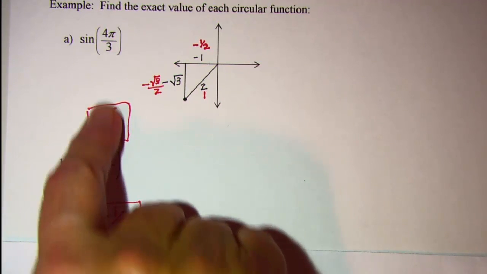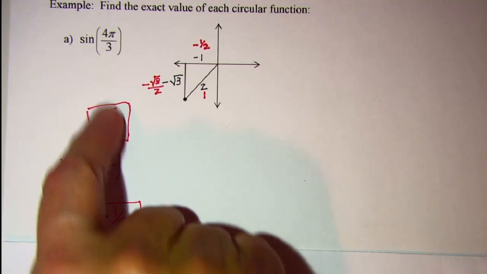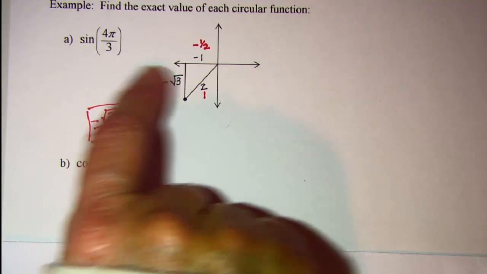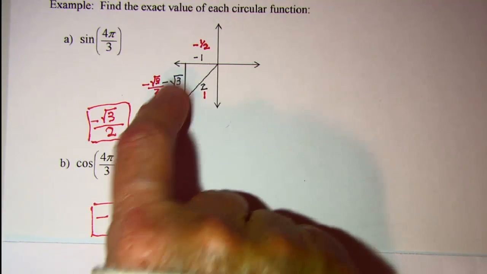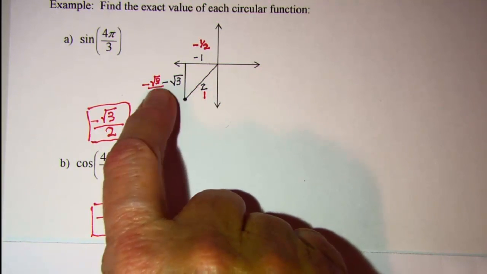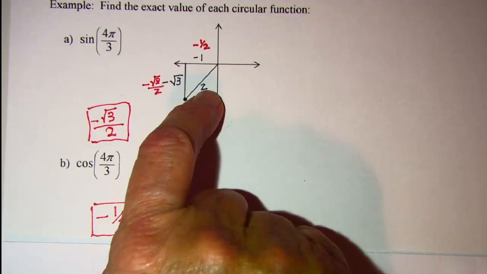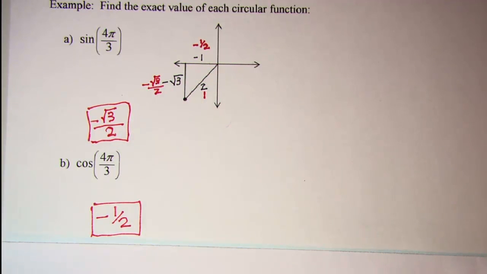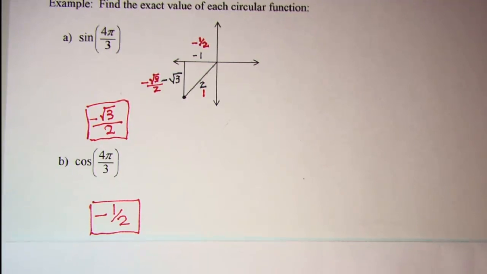For example, up in here, when we notice that 4 pi over 3 is a 60-degree reference angle, and we put these black measurements in, then sine is opposite over hypotenuse, which is just negative root 3 over 2. So using the unit circle definition or our special triangles ratios, either way is fine. They'll both get you the correct measurement.